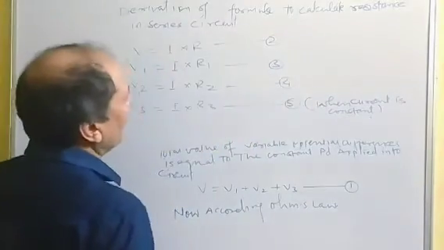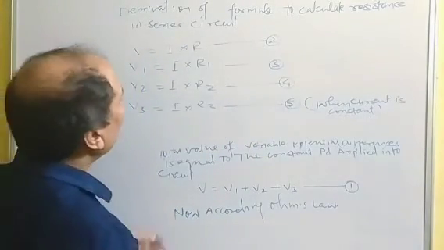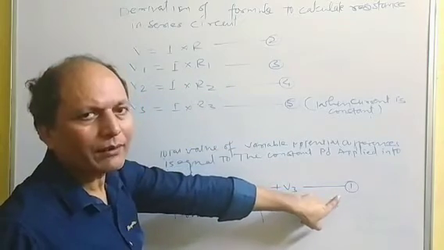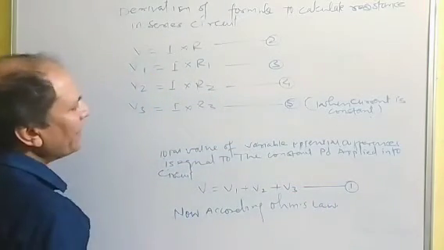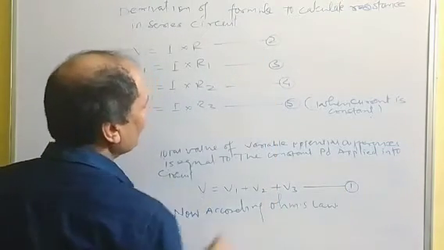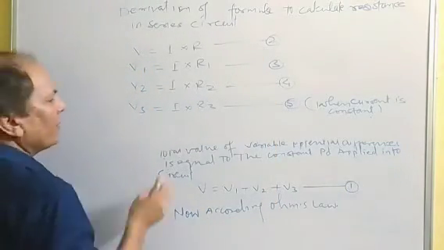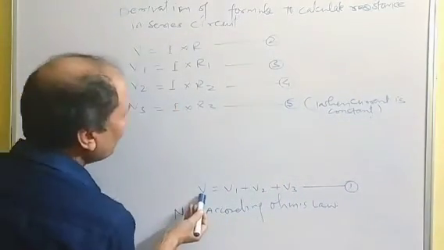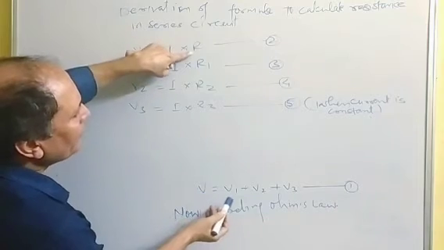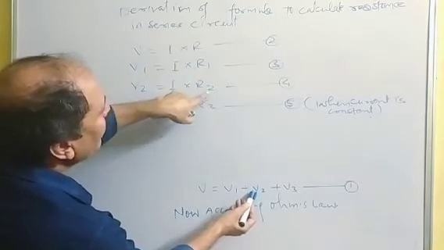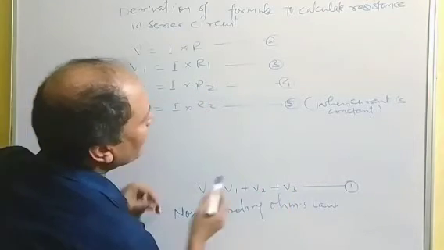Now, placing the values of equations 2, 3, 4 and 5 in equation 1. So what can we write? For the value of V, we will write I into R. For V1, I into R1. For V2, I into R2. For V3, I into R3.